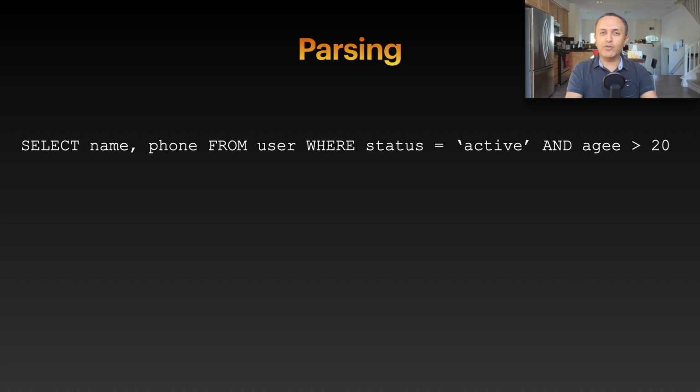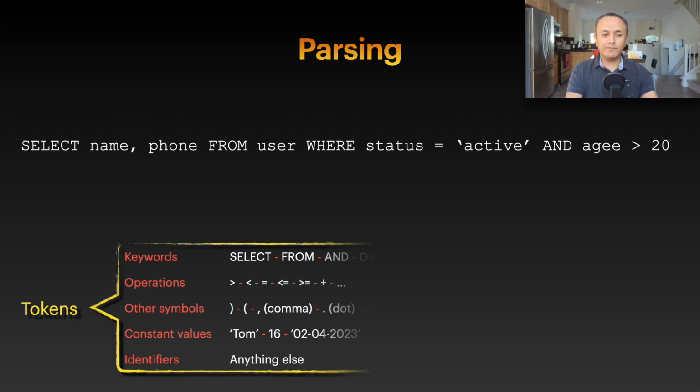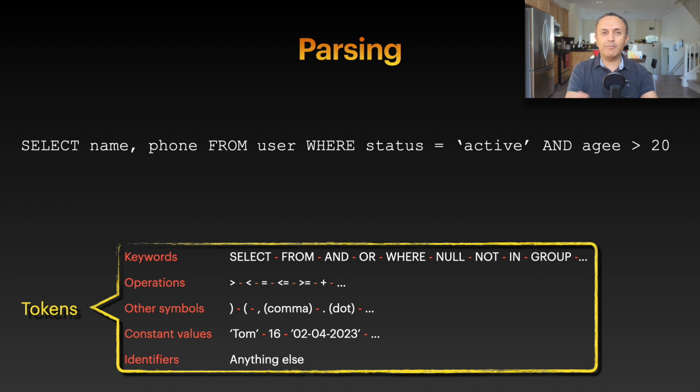What types of tokens are there? Some of the token types are keywords. Keywords are basically things that are part of the SQL language itself. Things like select, from, where, and, or, null, group. All these are keywords or parts of the language.